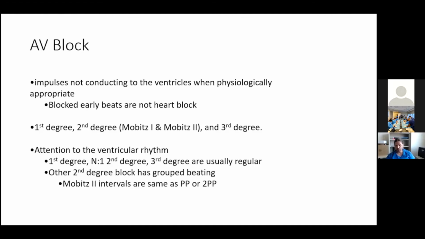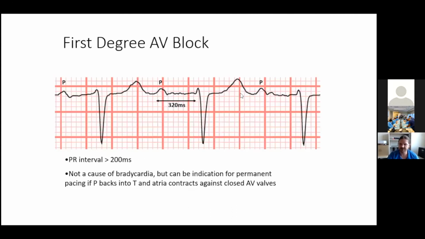The ventricle will have its own regular rhythm. For the other second degree heart blocks, the key phrase is group beating, and you're going to see groups of beats, whether it's a pair of beats together in 3-to-2 heart block, or longer groups. We'll get into the periodicity of the intervals in just a moment.